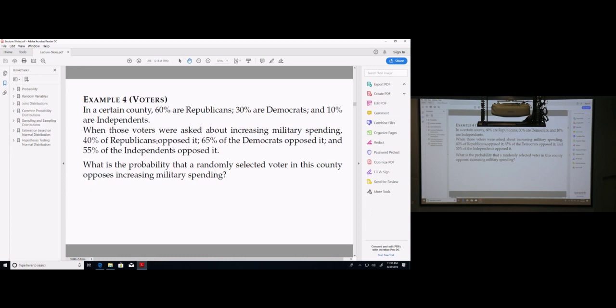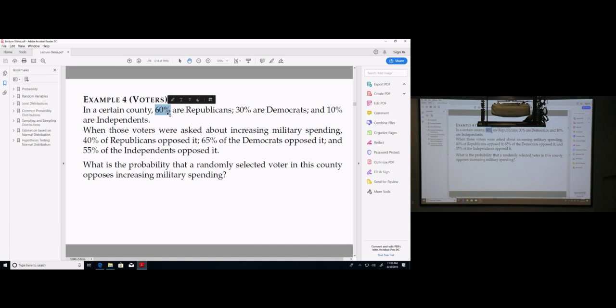So what is the probability that a randomly selected voter in this county, and so on and so forth? Now, you notice that Republicans are less likely to oppose increasing the military spending. But at the same time, in this county there are more Republicans, so they should be weighted a bit more.